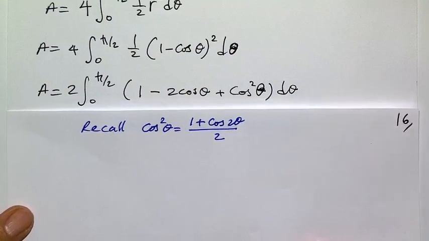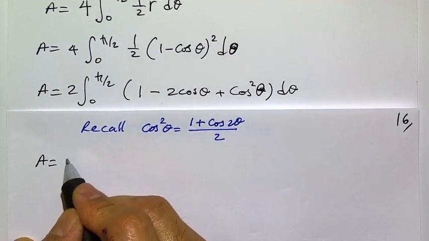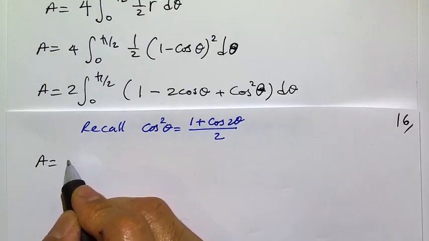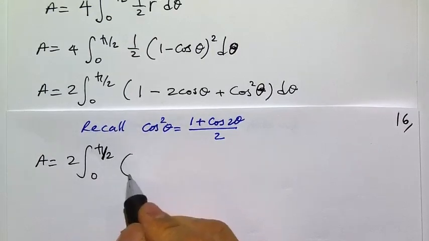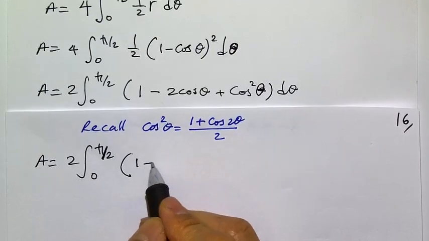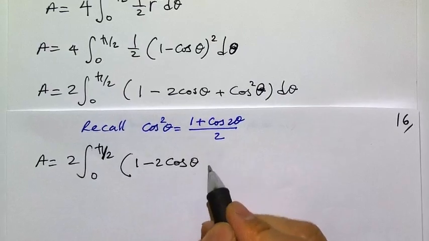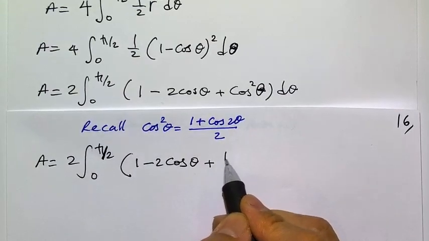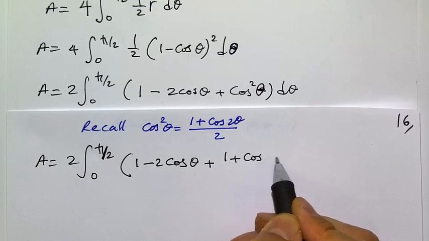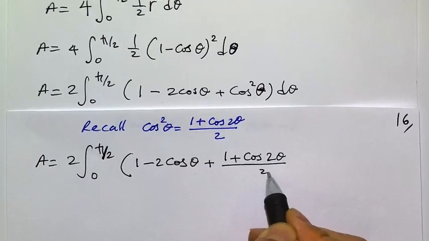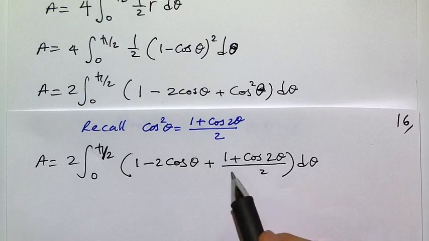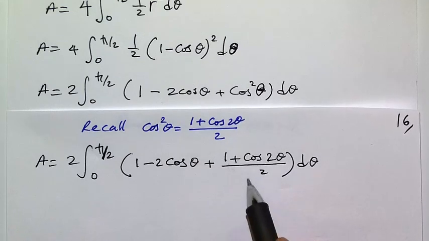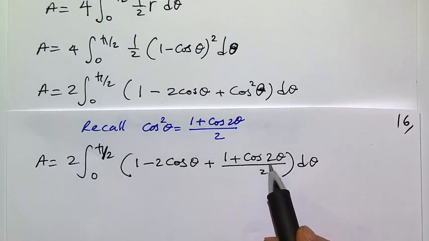So we have the area equals 2 times the integral from 0 to pi over 2 of 1 minus 2 cosine theta plus (1 plus cosine of 2 theta) over 2 d theta. And you know what we're going to do next, right? We're going to break this up into 2 terms, one constant, one involving the cosine function.